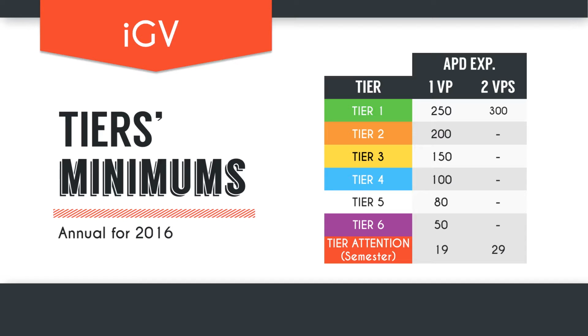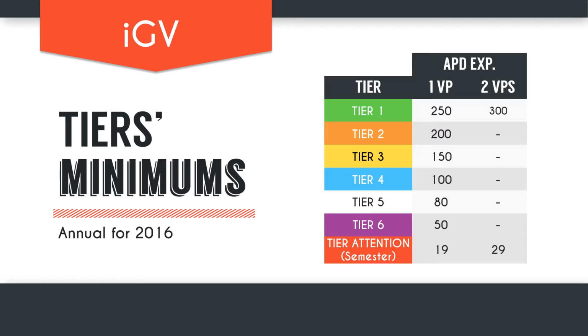So if a VP wanted his area in IGV to be in tier 3, for example, he had to do 150 approved in that year, in the last 12 months, from January to December, or from July to June. We did this clustering every January or every December and every July in our biggest conferences.